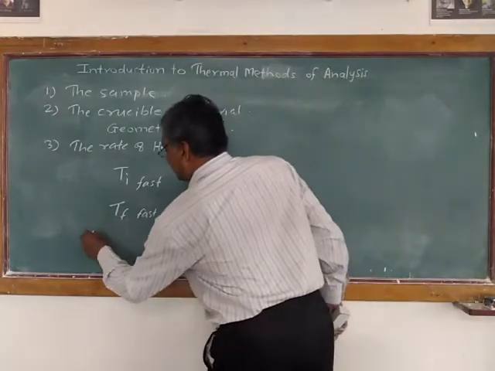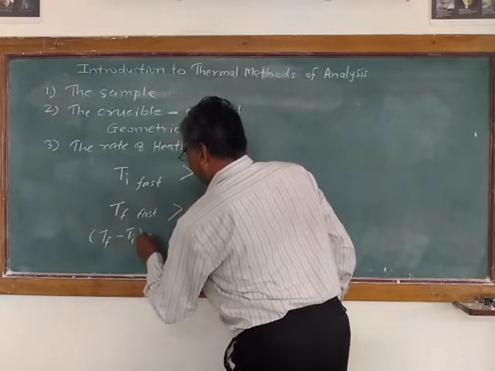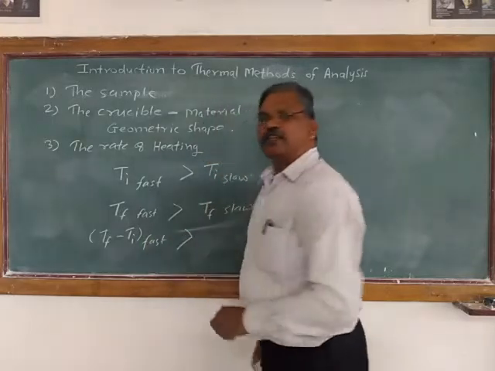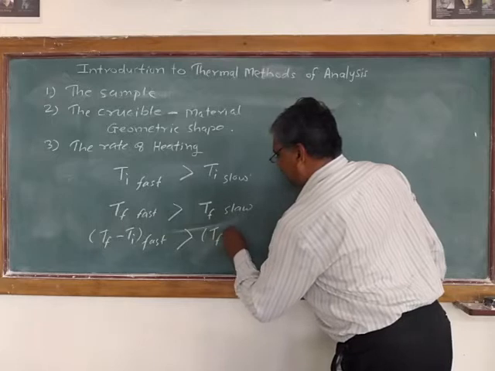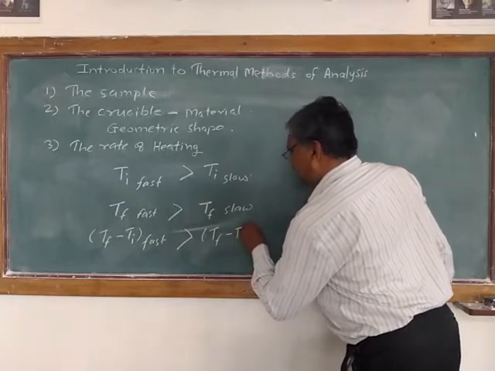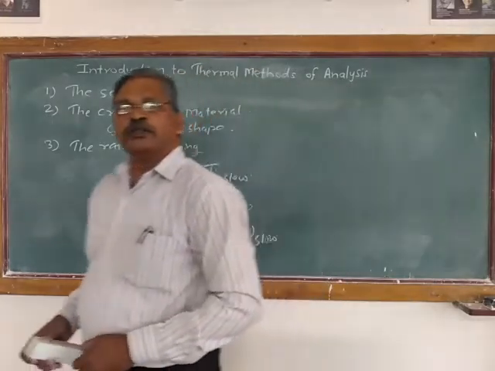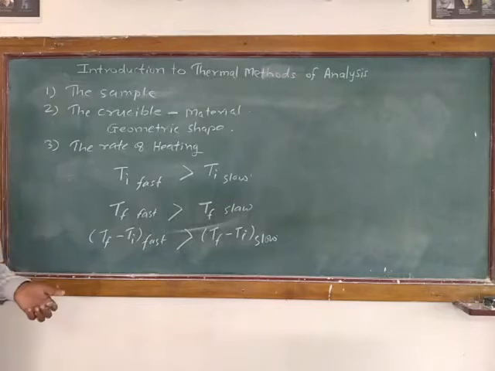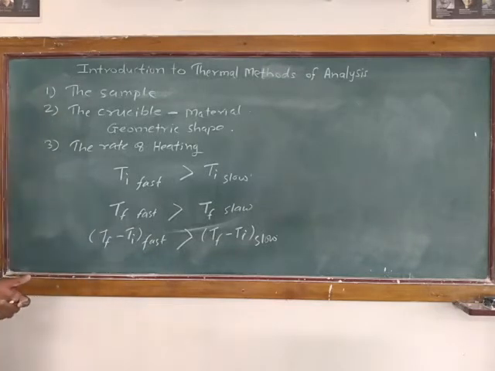And therefore, the range also follows the same order. The range, that is Tf minus Ti, at a fast heating rate has a larger value than Tf minus Ti at a slow heating rate. So the change in the heating rate will affect the temperature recorded for that change.